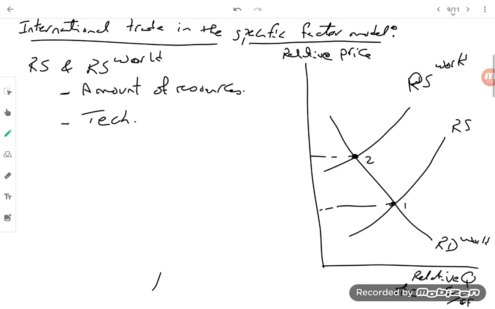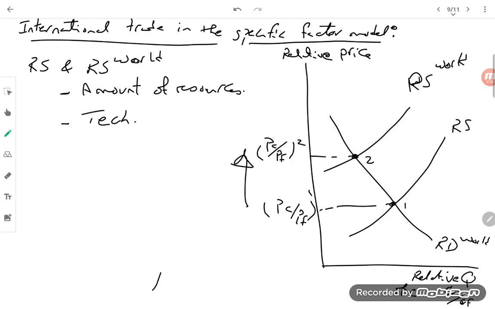So opening up to trade induced an increase in the relative price from 1 to 2.